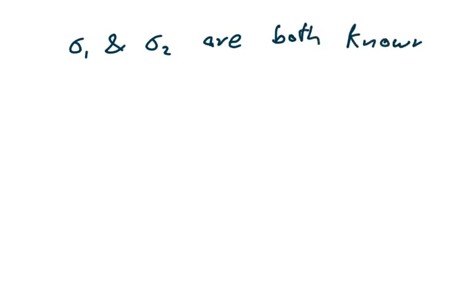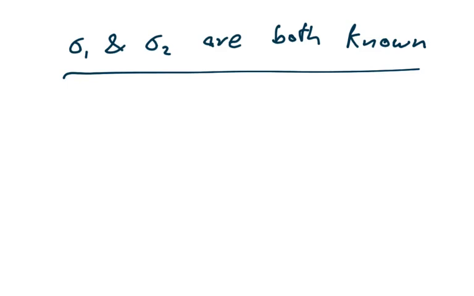So let's say we have population 1 and population 2, sigma 1 and sigma 2 are both known. I'm sorry, I apologize. I said population 1 and population 2 are both known, but that doesn't make any sense.